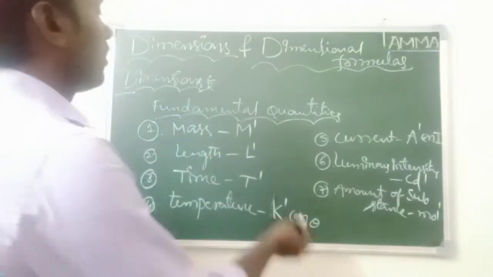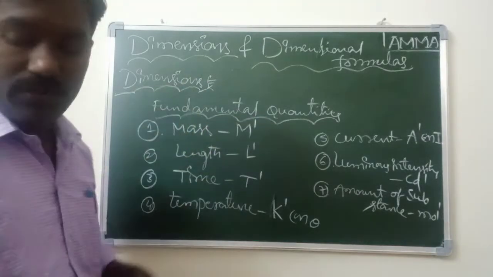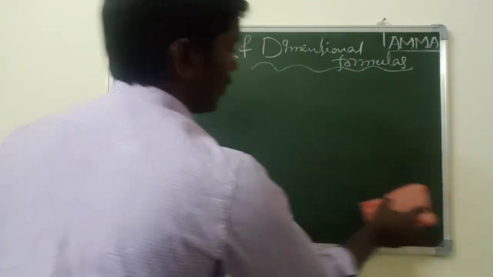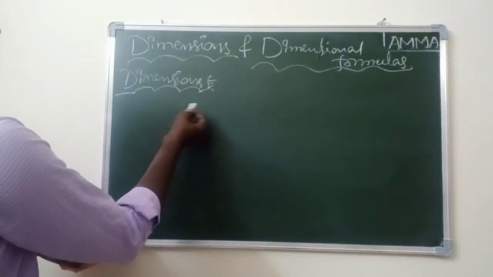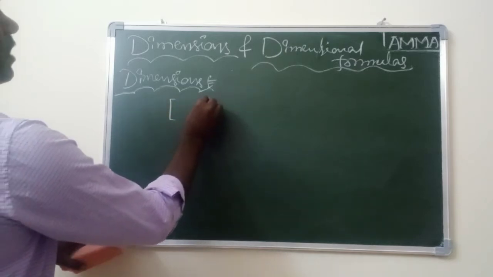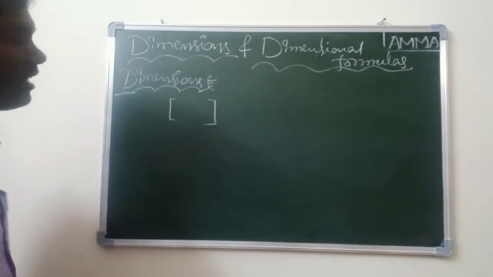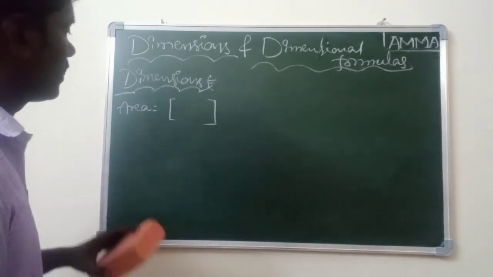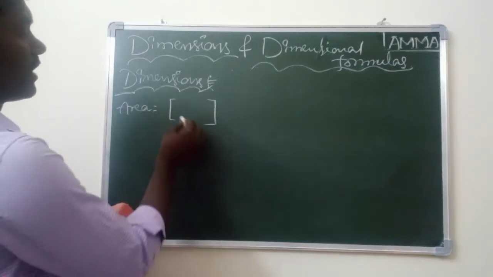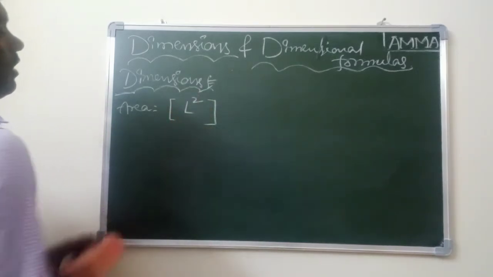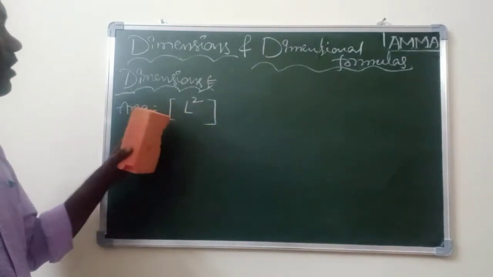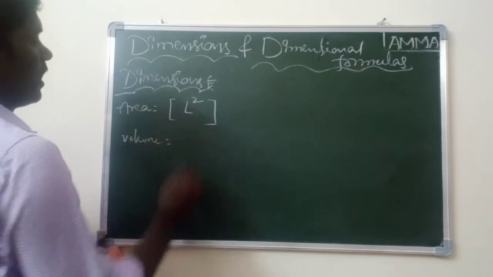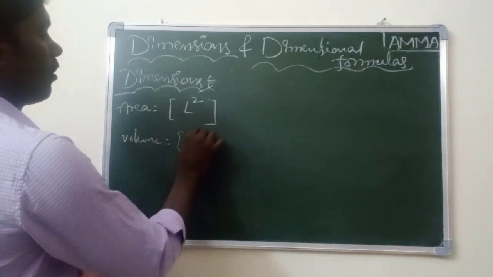Then let us try to know about dimensional formulas. Generally, the dimensions or dimensional formulas are represented by a square bracket. For suppose area is there. Area is a derived physical quantity, and its dimensional formula is L2. Then volume is a derived physical quantity and its dimensional formula is L3.